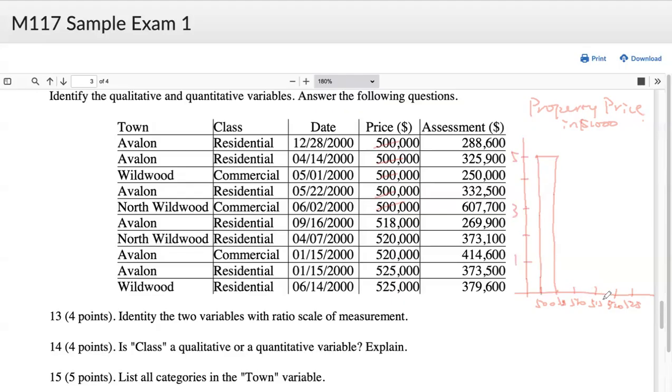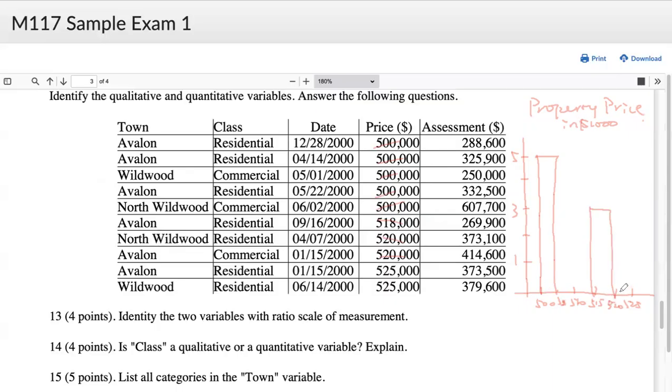From 515 to 520, we have 1, 2, 3. So we have 3 here. This also depends on, in my head, I have built a distribution table actually. So it depends on how I make this.